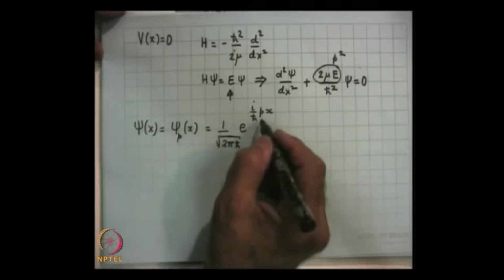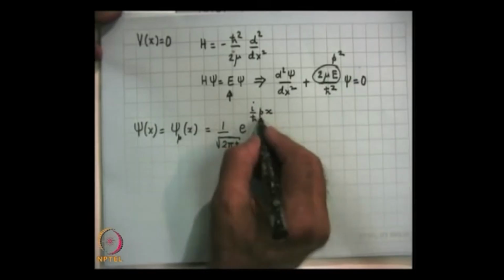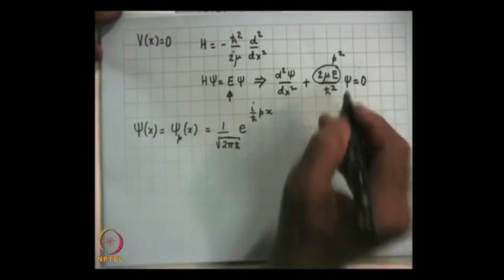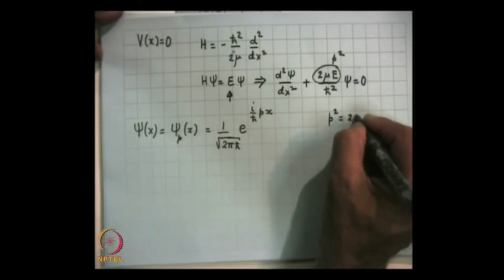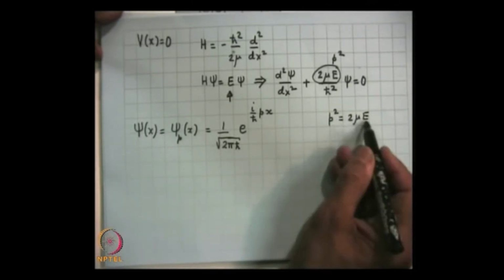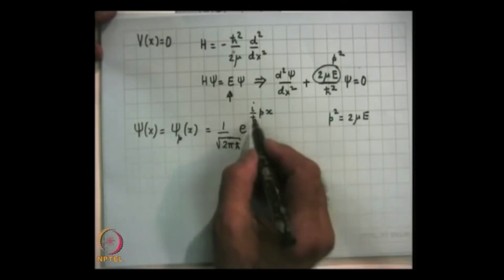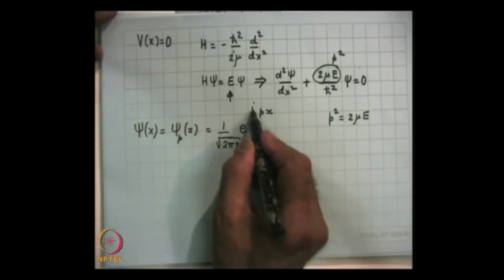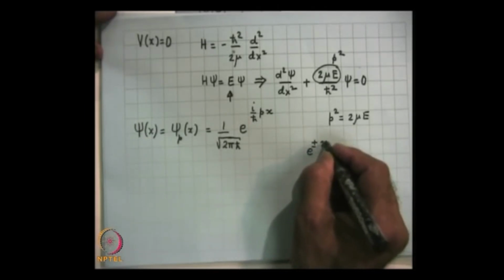So, what are the values of p? E has to be positive, because p squared is equal to 2 mu E. If E becomes negative, then p will become imaginary, and the exponent will be something like plus or minus kappa x.